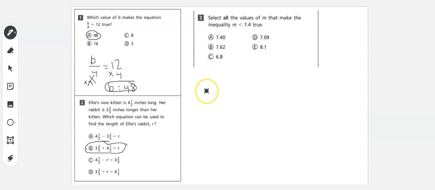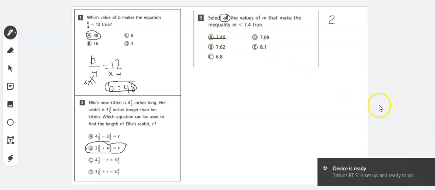Sorry about that. Number 3, we're going to select all the values of m that make the inequality m is less than 7.4 true. In this one, we're going to be finding 2 different ones. This one, 7.40, is actually the same thing as 7.4, so that does not make it true.